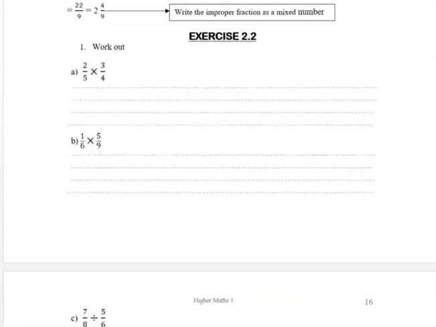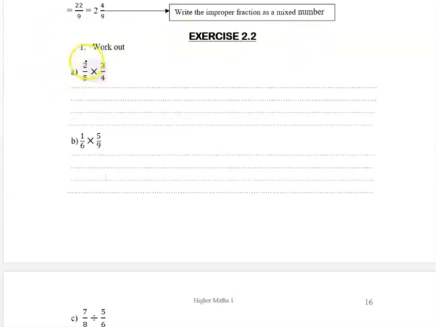Exercise 2.2 is multiplying and dividing fractions. Now, whenever you're multiplying 2 fractions, you want to make sure that you're simplifying as much as possible before you multiply. Now, the first question here, 2 over 5 multiplied by 3 over 4. Now, you can only simplify a denominator with a numerator or a numerator with a denominator.